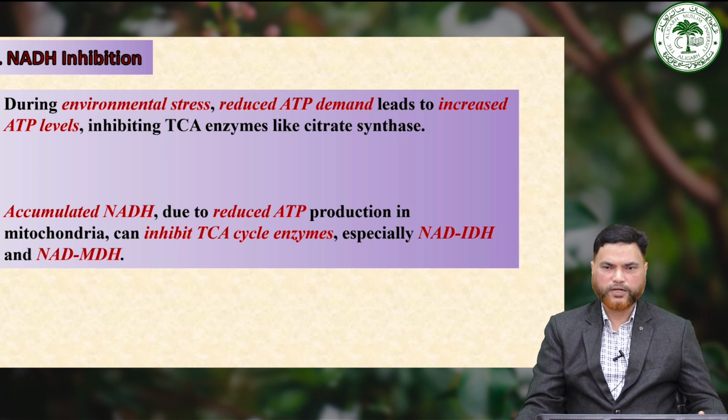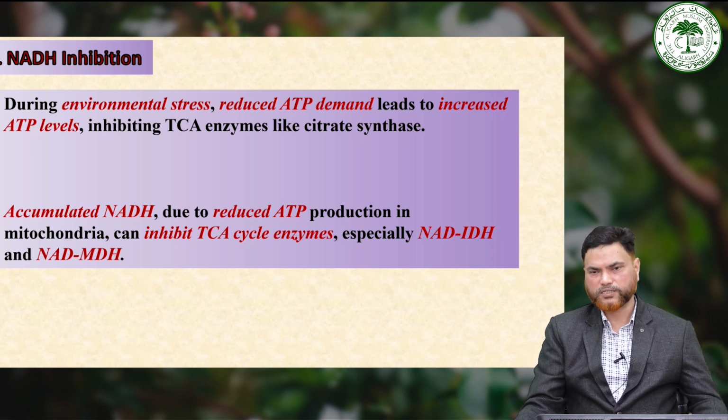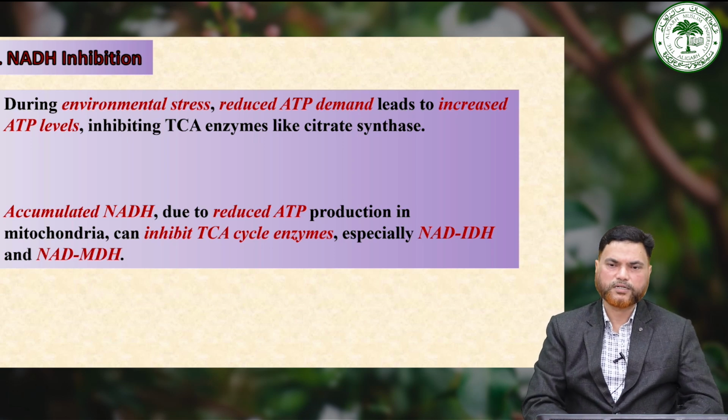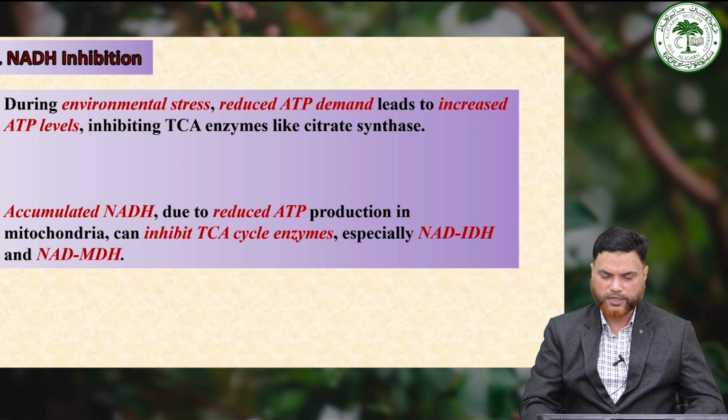Both IDH and MDH are regulated by the levels of NAD and NADH in the cell. High levels of ATP and NADH signal a well-fueled cell, leading to negative regulation of these enzymes to slow down the TCA cycle. This regulation helps to maintain cellular energy balance and prevent unnecessary consumption of substrate when energy needs are already met.